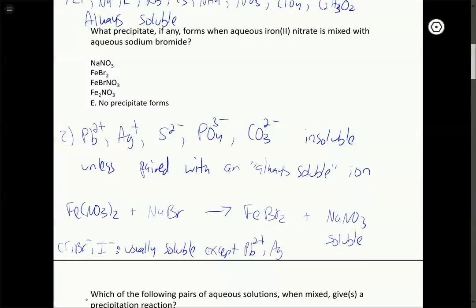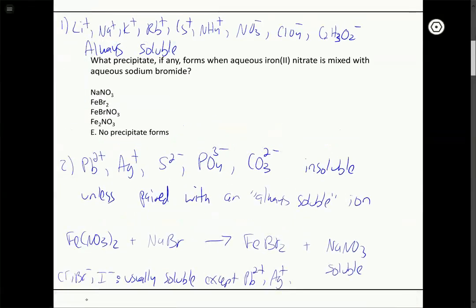As I said, those two cations are always insoluble unless paired with one of the special anions. And then the other exceptions are going to be copper plus and Hg2 2 plus, mercury plus 1, which exists as a dimer. So those four halides are insoluble. This is not one of the insoluble halides, so this will also be soluble, which means when we mix these two solutions together, we get two soluble products, which means we get no precipitation. So the correct answer is E, no precipitate forms.